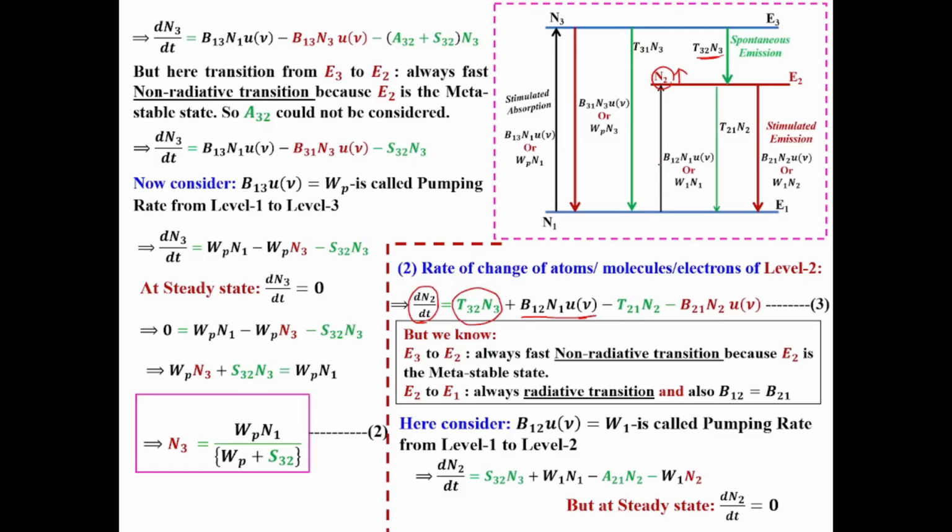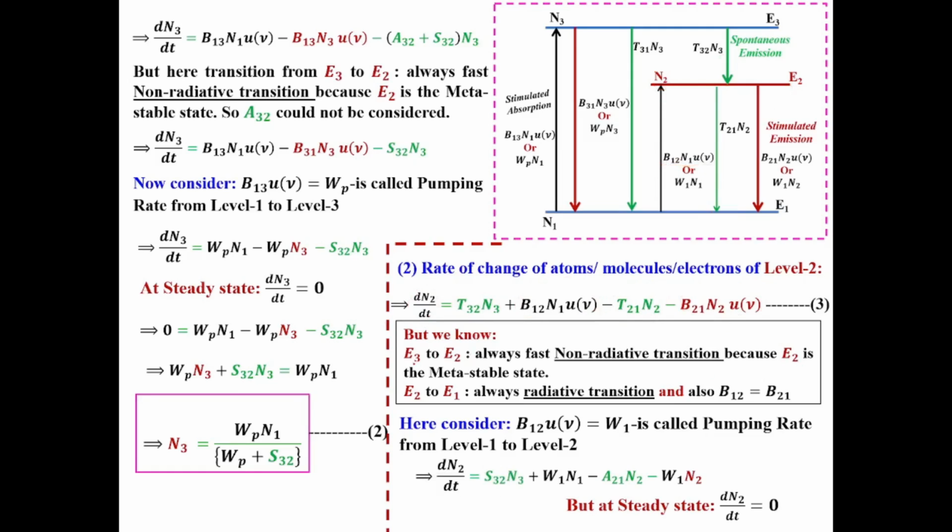This represents the stimulated absorption part, so it is positive. This represents spontaneous emission from 2 to 1, so it is minus T21 into N2. This is stimulated emission from E2 to E1, due to which N2 also decreases. So this term is also negative, right?